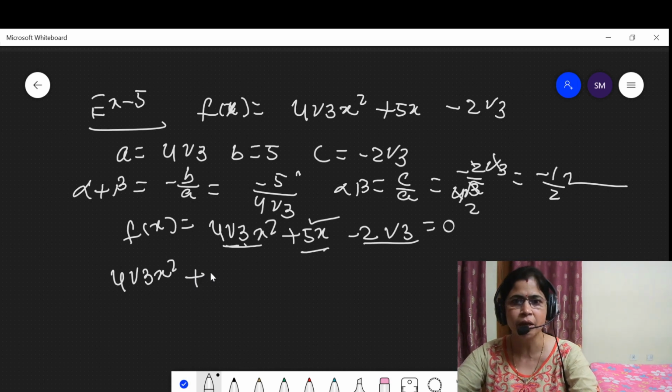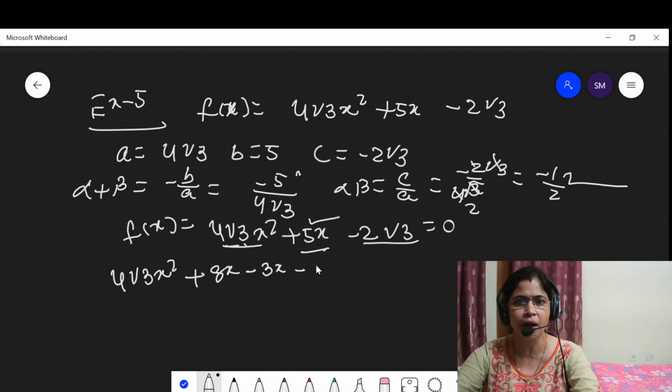If I split 5x as 8x minus 3x, I think I am right. Am I wrong? Can I split 5x into 8x minus 3x? Yes. Then from these two terms, take 4x as common. Then here is left root 3x plus 2.